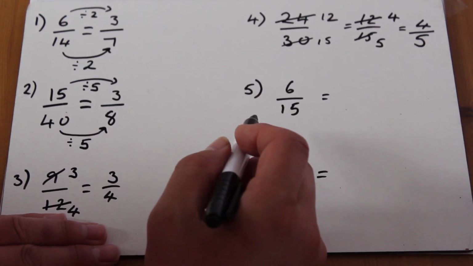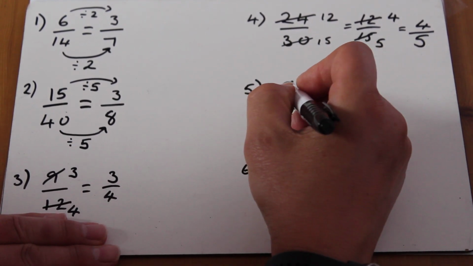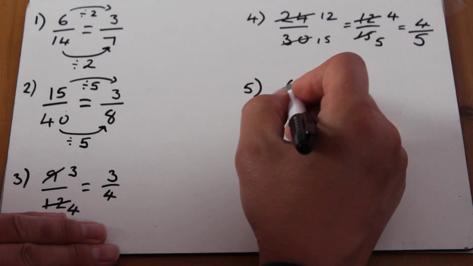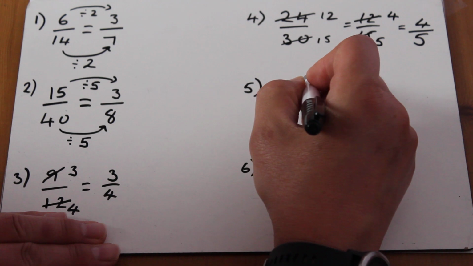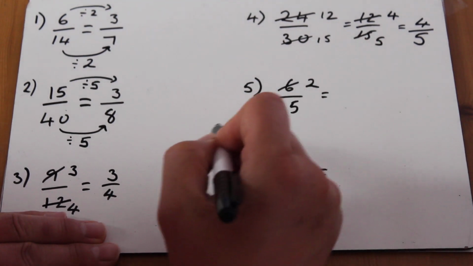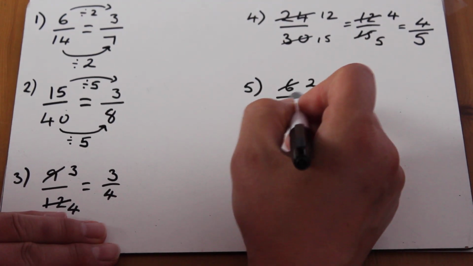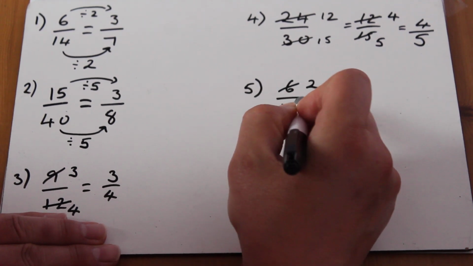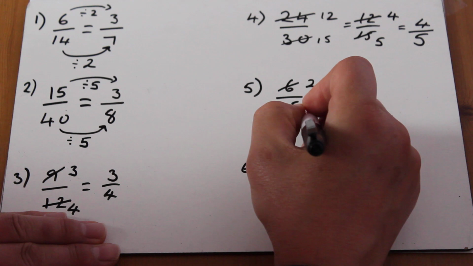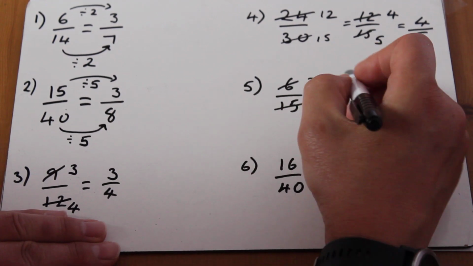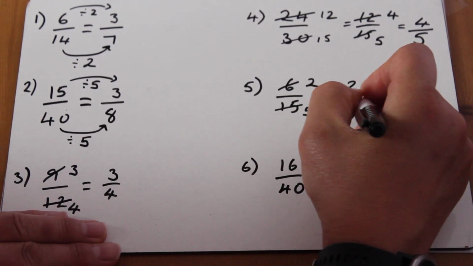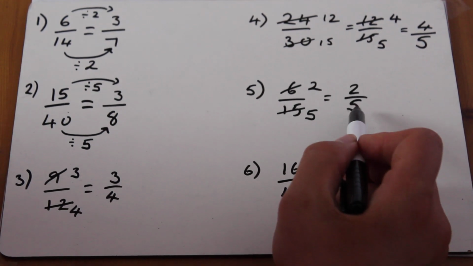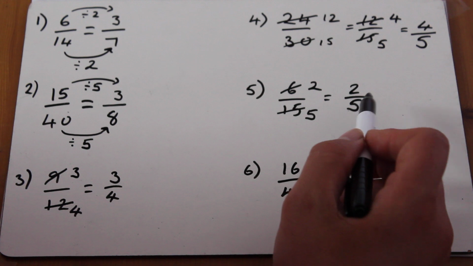I know that both of these are in my 3 times table, so I cross out the 6 and I write down the answer to how many times 3 goes into 6, which is twice. I then do exactly the same here. I divided this by 3, so I need to divide this by 3. 3 into 15 goes 5 times. That's 2/5. And when I check, this is an even number, this is an odd number, nothing else is going to go in.